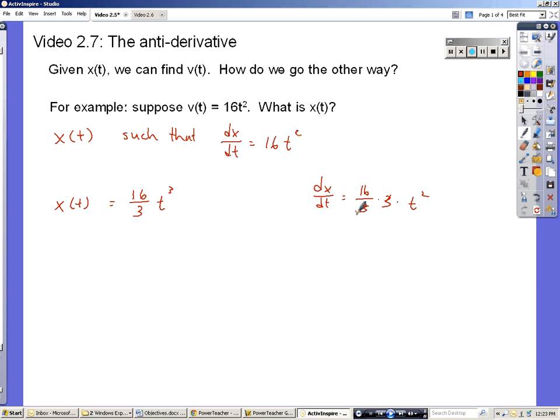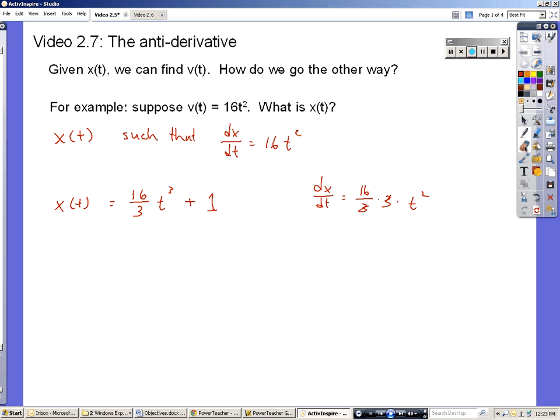So we're almost done, not quite though, because that's not the only function that has that derivative. What about if we change it to add 1? What's the derivative of that? Work it out, you'll find that the derivative of this function is also 16t squared.